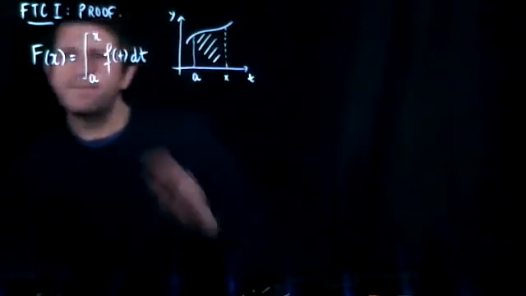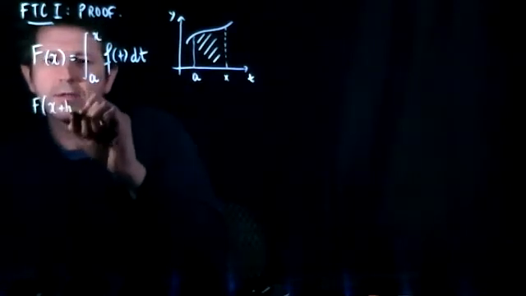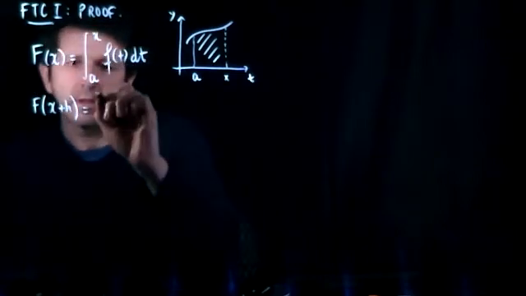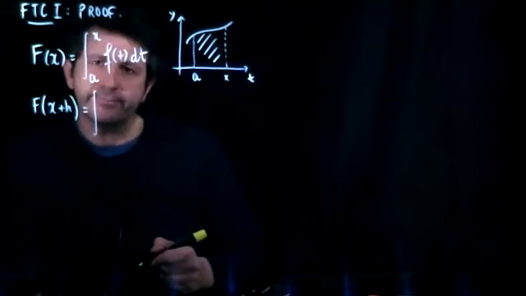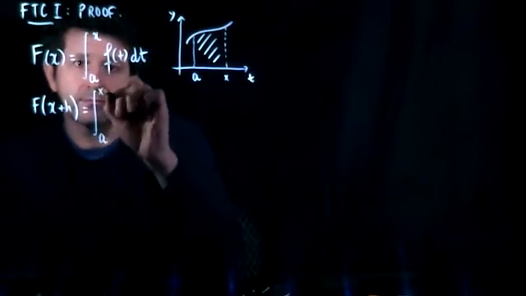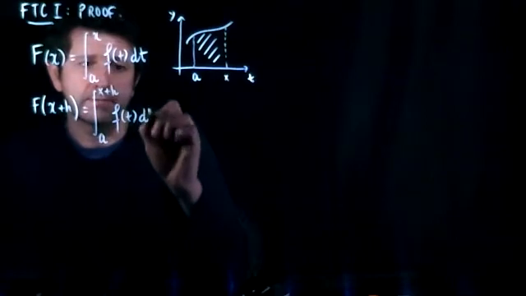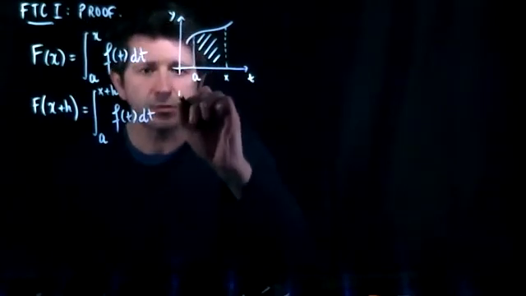Let's find F of x plus h. Could you tell me what that is? It would be the area from what to what? From a to x plus h. Perfect. A to x plus h, f of t. And it would be an area like this.